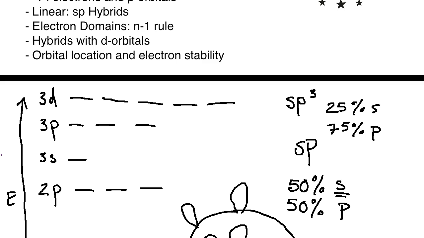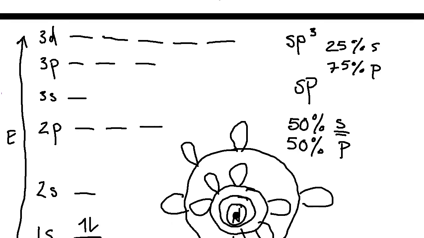Because of that, the sigma bonds, the single bonds found in those sp3 types, are going to end up being a little more elongated. They're not going to be as stable as the ones drawn in close to the sp. All right? So orbital location is important for electron stability.